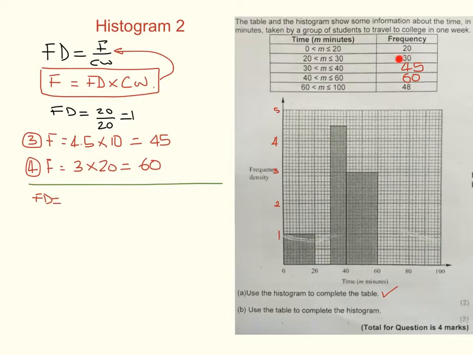The frequency is 30 and the class width is 10 because the difference between 20 and 30 is 10. So the frequency is 30, class width is 10. That's going to be equal to a frequency density of 3. So it means that this bar goes this high and comes all the way down there.